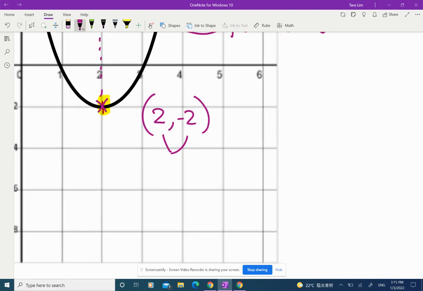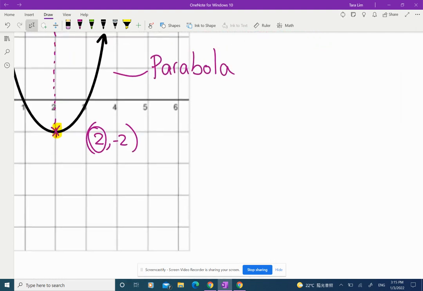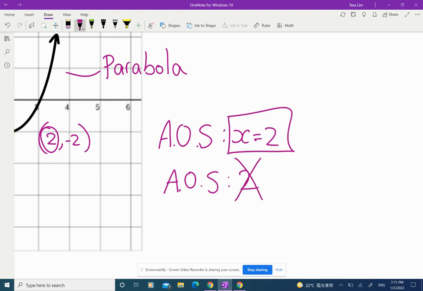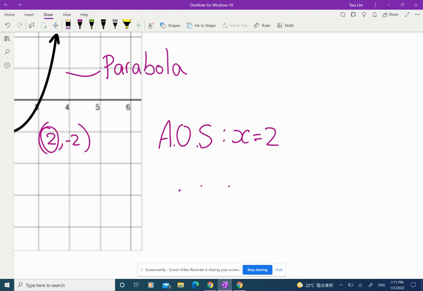Which one of these two numbers is x? 2. So we're going to write the axis of symmetry is x is equal to 2. Remember, you can't just write axis of symmetry is 2. That is wrong. You have to always write an equation: x is equal to 2.